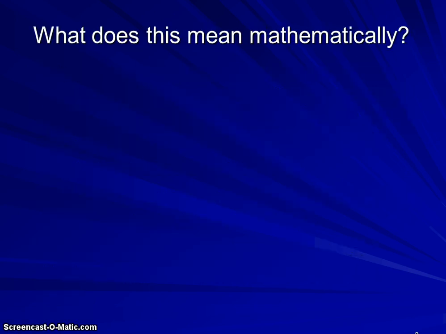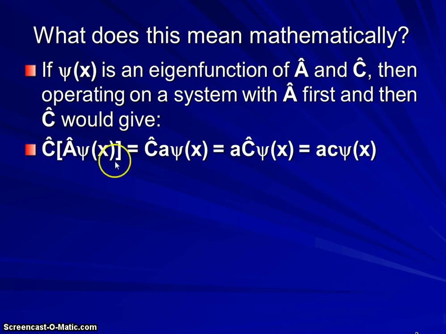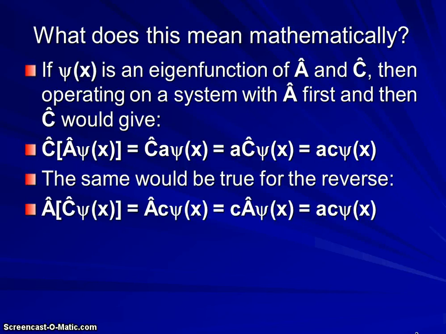What does this mean mathematically? If we've got a wave function that is an eigenfunction of both A and C, then operating on a system first with A and then with C would give us this. So we operate from inside to outside, we operate with A, we get eigenvalue A. Eigenvalues can be pulled out, factored out in front, and then we operate with C and we get A times C. Same would be true in reverse.